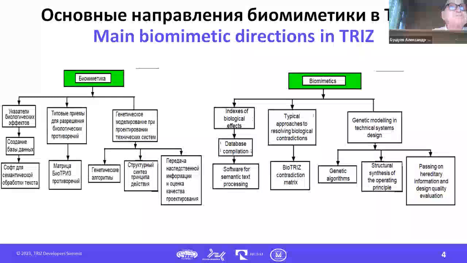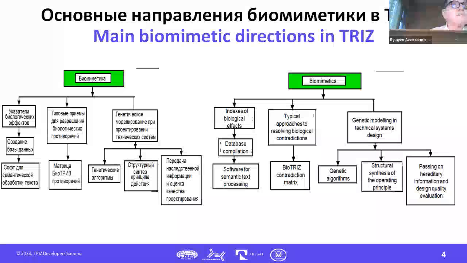So this is a way to transfer biological effects to the technological domain. Historically, biomimetics has overlapped with trees when biological effects became part of the trees toolkit. They were included in the trees toolkit in line with chemical, geometrical, and mathematical parameters. There are some similar analogies and equivalence in between that.